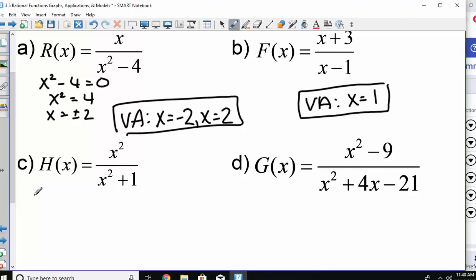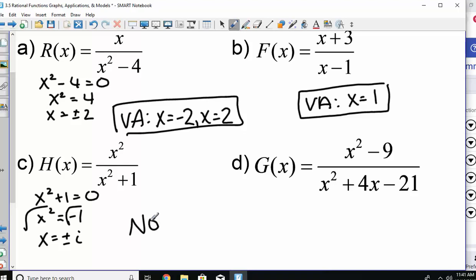C. Does x squared plus 1 ever equal 0? We did this one earlier with domain, didn't we? If you solve this, you get an imaginary number. So we don't have to graph that. In terms of our vertical asymptote, there isn't one. If the denominator isn't 0, you don't get a vertical asymptote.